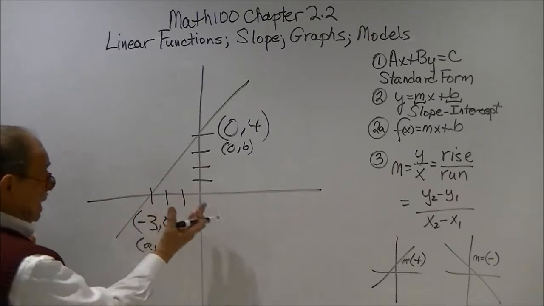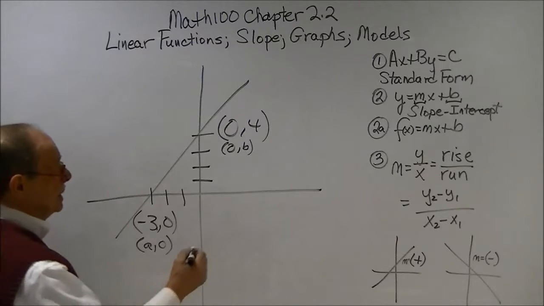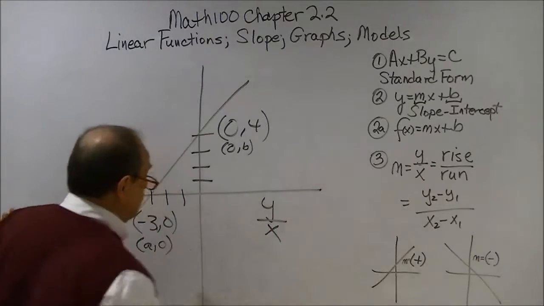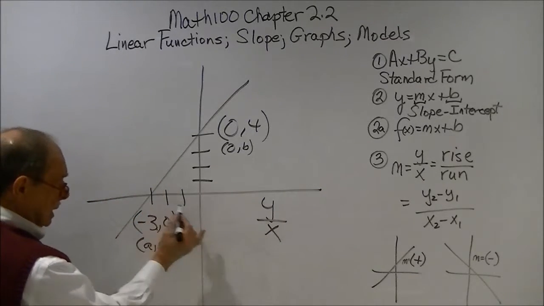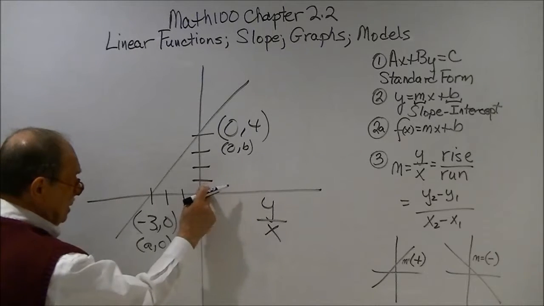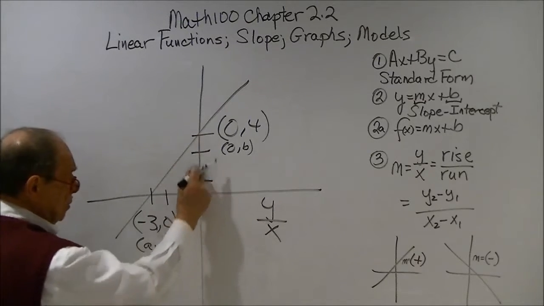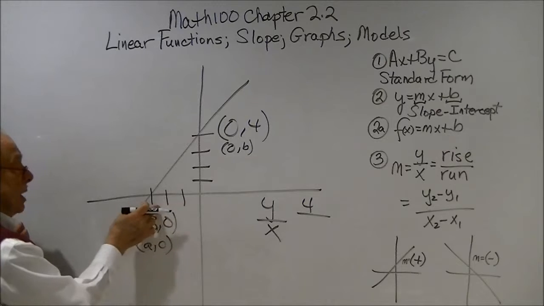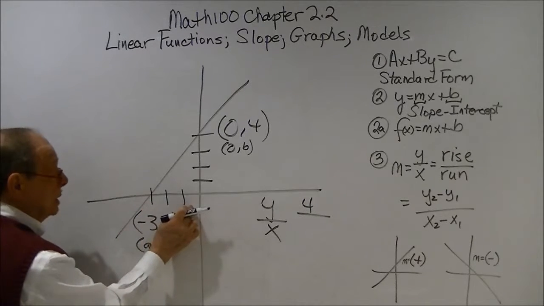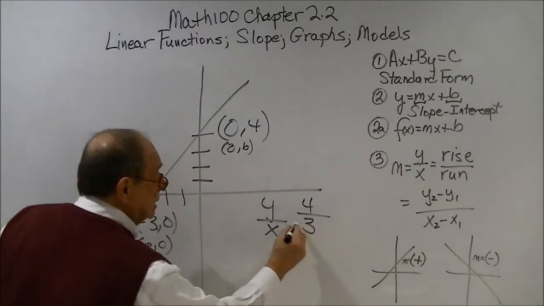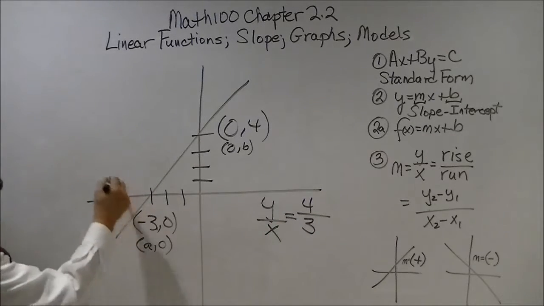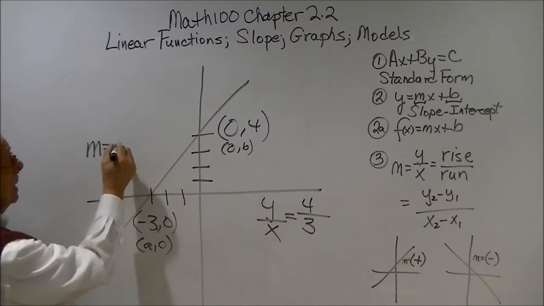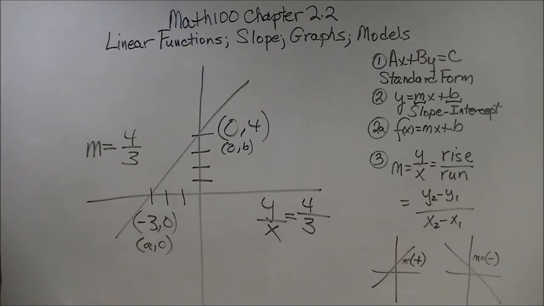So what we have to figure out now is the slope. And we said slope is y over x units. So what is our y units? How many y units do we go up? Well, we're going up 4. How many units are we doing in our run? 3. So our slope for this particular graph is 4/3.